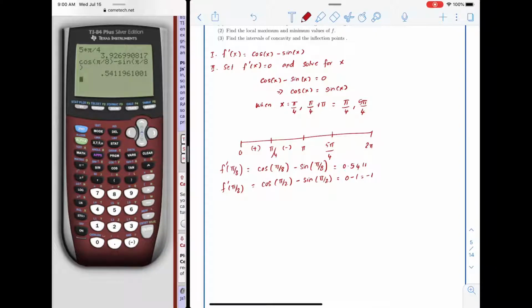And I have to find a number between pi and 5 pi over 4. I'm going to go for 5 pi over 8.